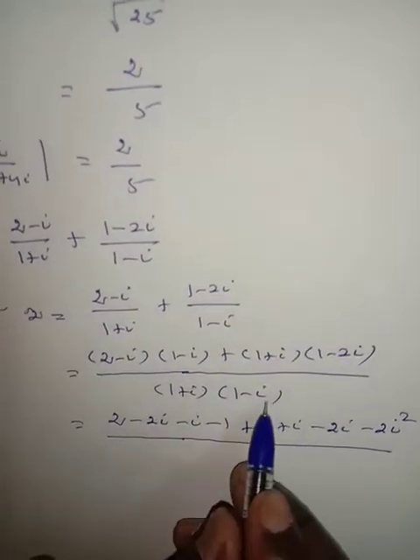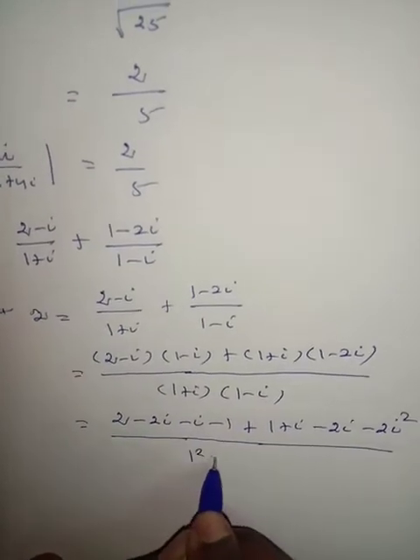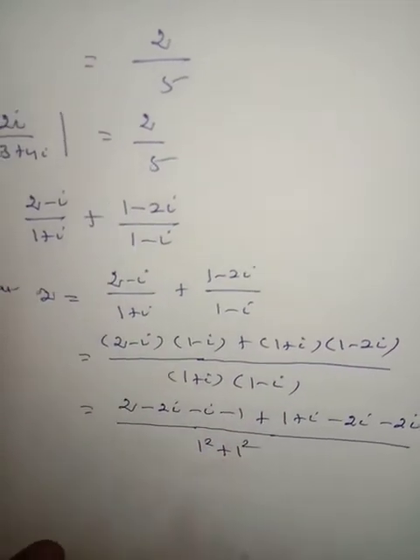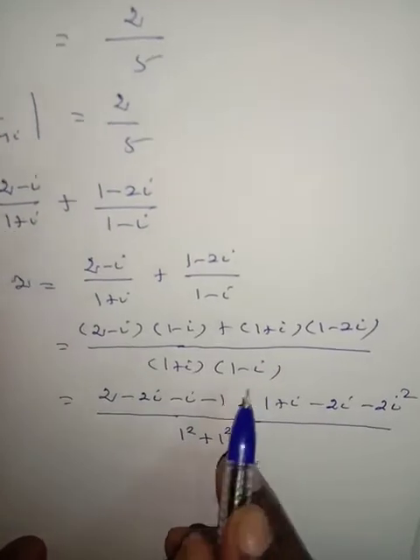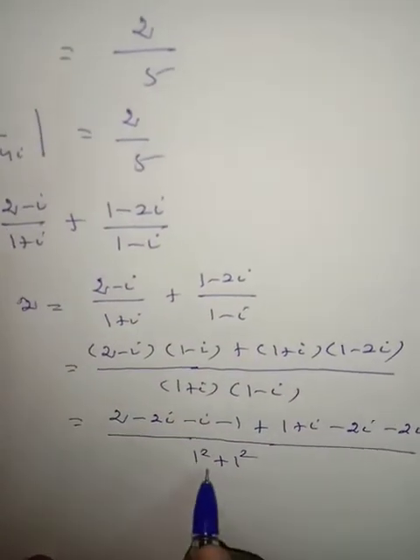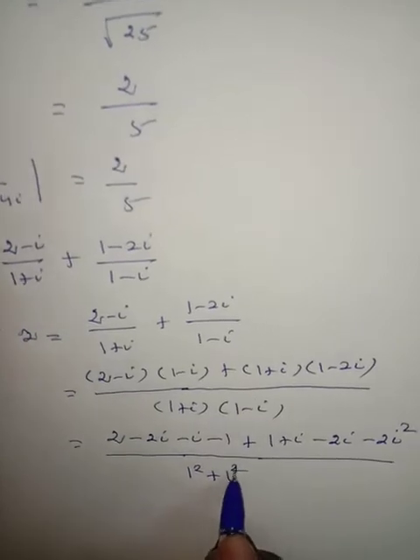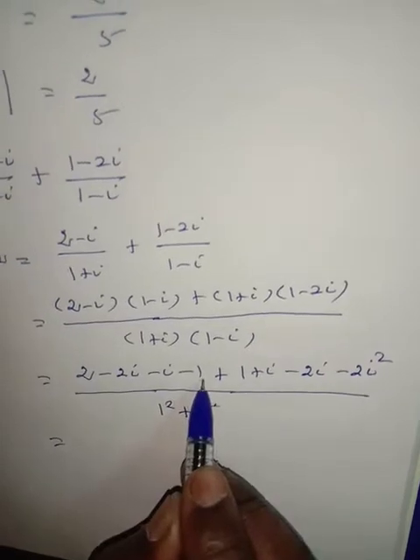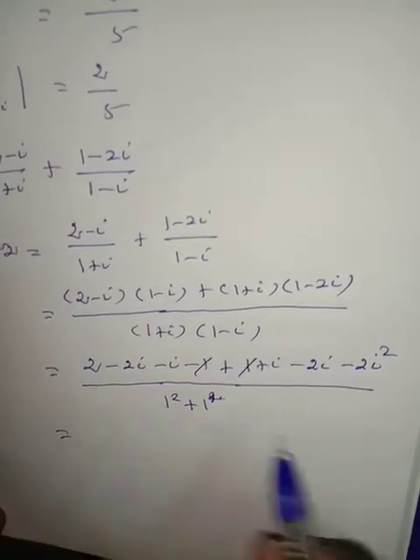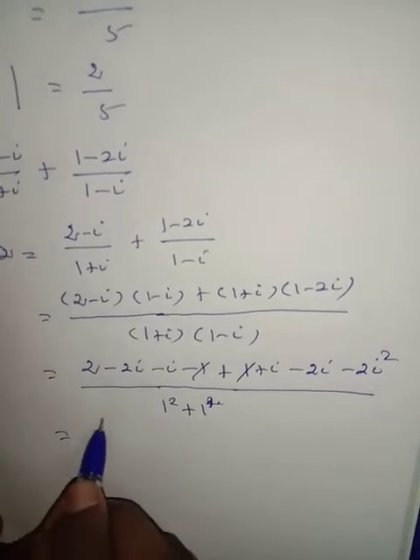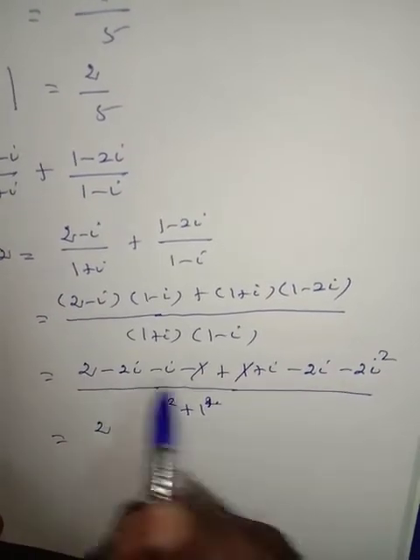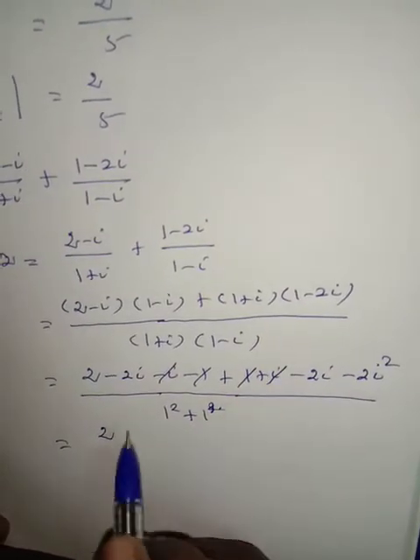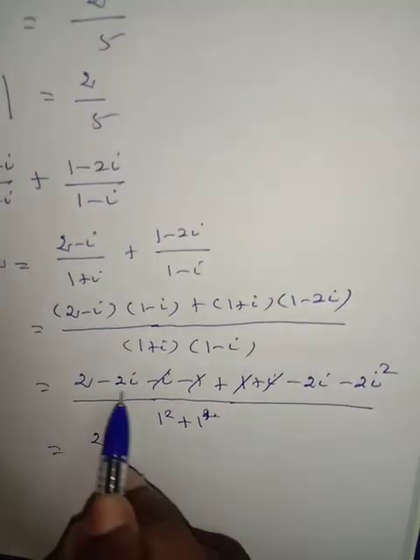So i squared is minus 1, 1 squared plus 1 squared. Numerator real parts: 2 minus 1 is 1, plus 1 and 2 from the next, so the total is 4. The i terms: minus 2i, minus i, plus i cancel, minus 2i, so minus 4i.